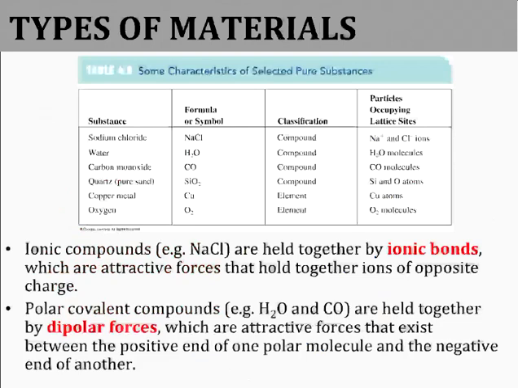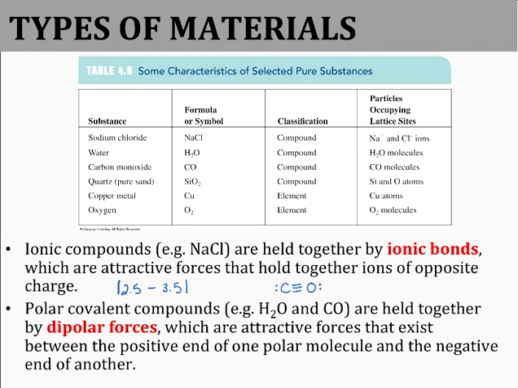So for instance, carbon monoxide has a Lewis structure that looks like this, where there's a triple bond between carbon and oxygen. And remember that carbon has an electronegativity value of 2.5, and oxygen has an electronegativity value of 3.5.